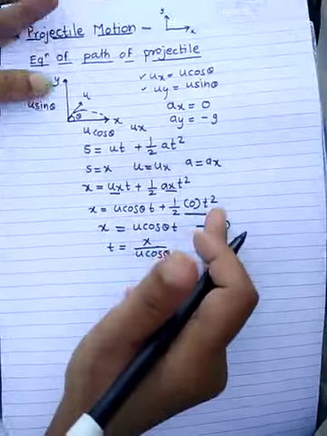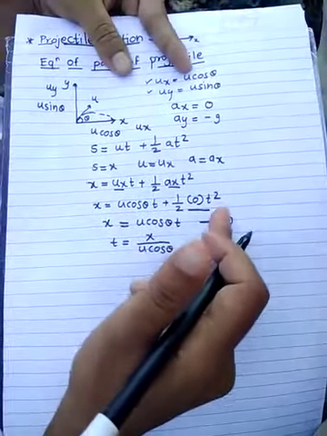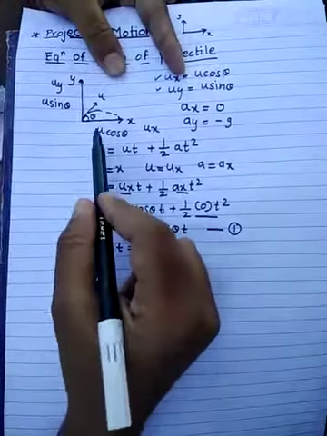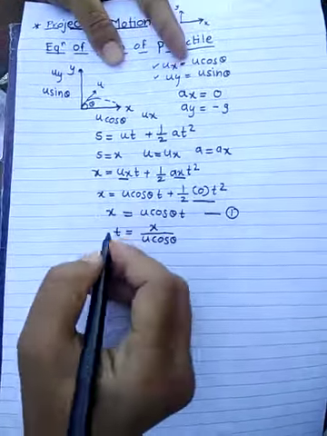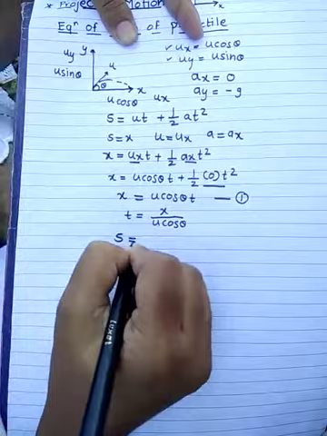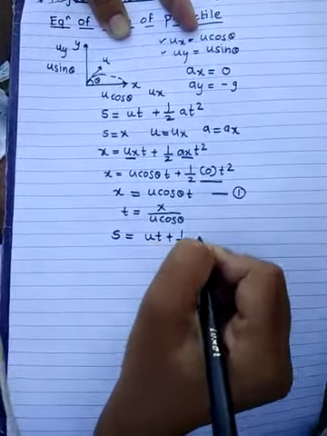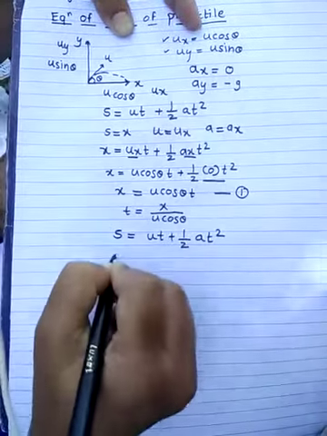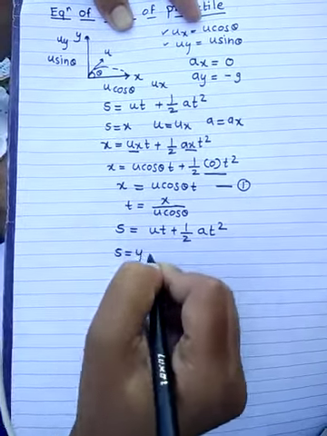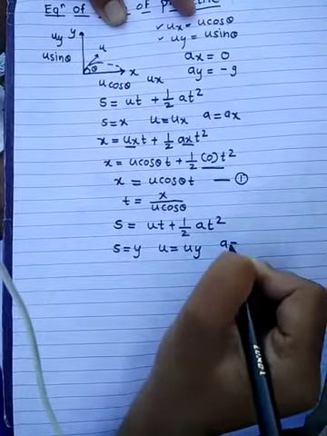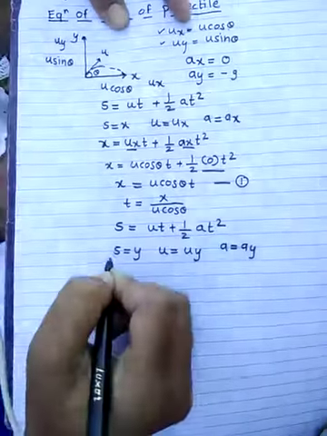In the same way we have to find the equation in terms of y, because there are two components, one horizontal and another vertical. So I will take again the second kinematical equation, s equals ut plus half at square. Instead of s we put y, instead of u we put uy, and instead of a we put ay.